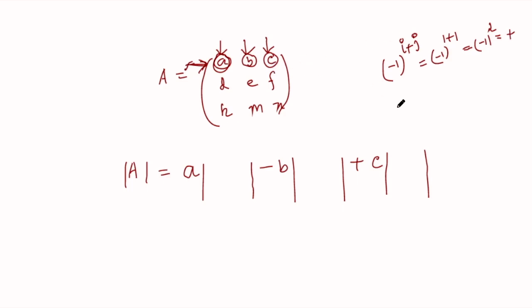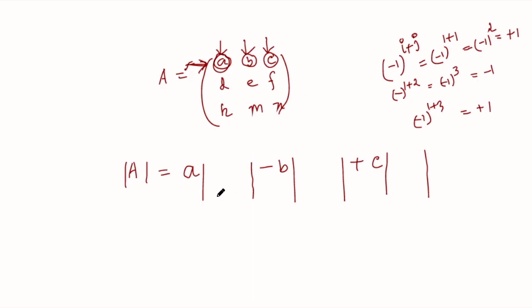And for b, i equals first row and j equals second column, so 1 plus 2, which is minus 1 to the power 3, which is equal to minus 1. And for c, c is located in the first row, third column, so 1 plus 3, which is again plus 1. Therefore, the preceding sign of a is plus, of b minus, of c plus.